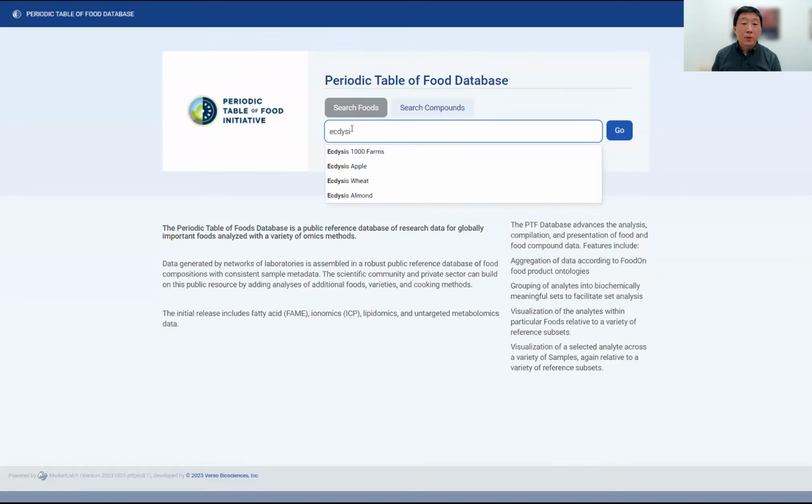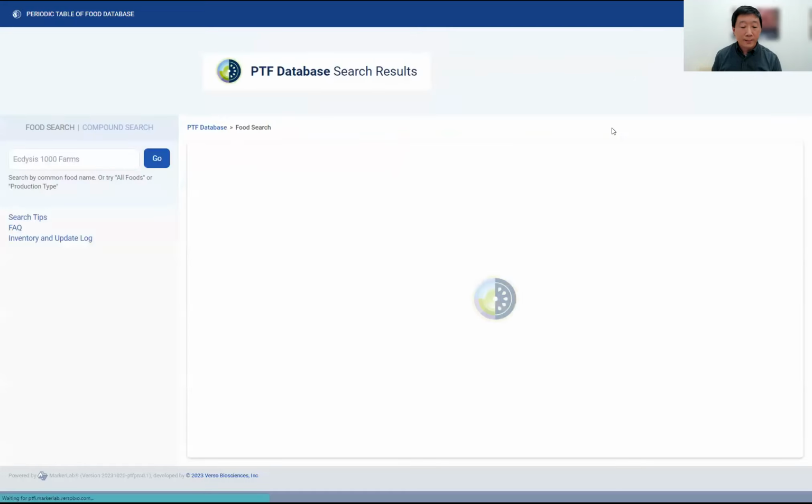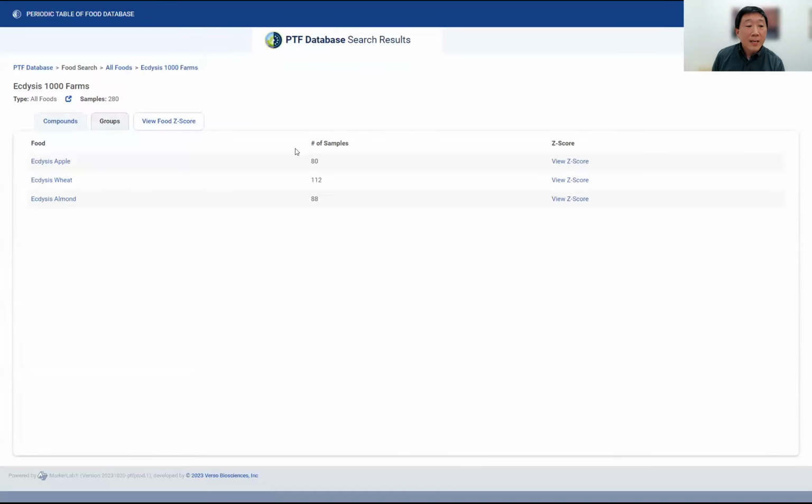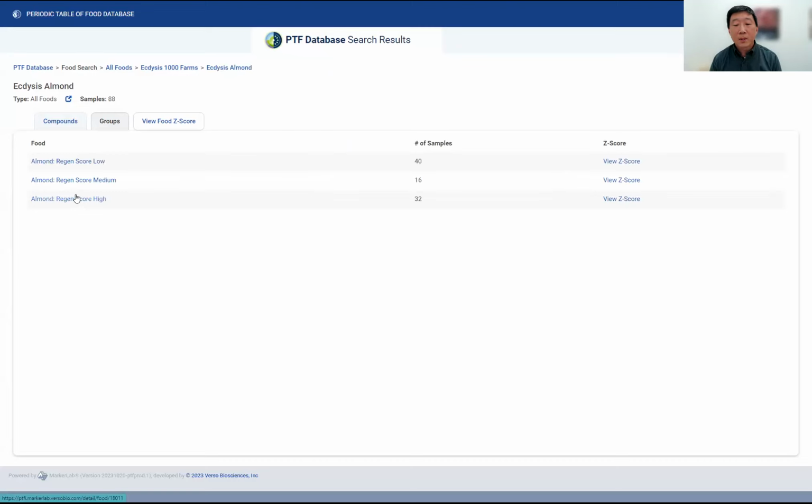So we'll look for the Ag2Nut 1000 farms data. We currently have data from Jonathan from 3 different foods: apple, wheat, and almonds. And what we've done is we've grouped these samples into 3 groups that summarize the level of regenerative practice on a particular farm or production site. So low, medium, and then highly regenerative.